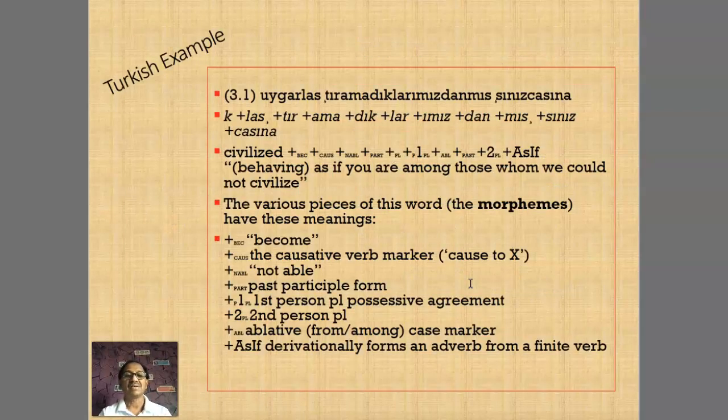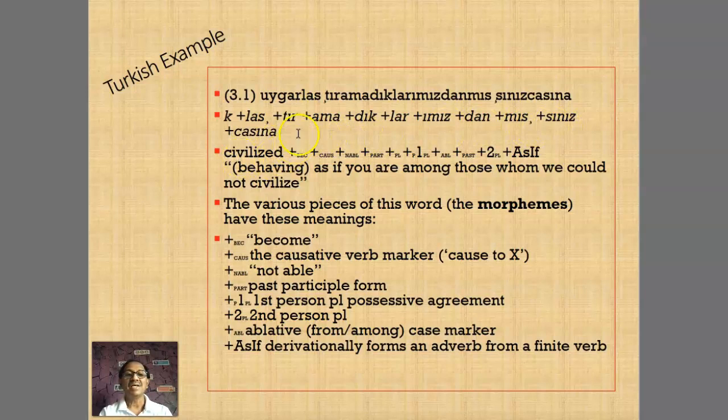Look at the example from Turkish. We cannot read the word. It's very difficult to read the word. But you can see the different morphemes which are attached here. K, las, ama, dik, lar, imis, dan, mis, sinis, casina.